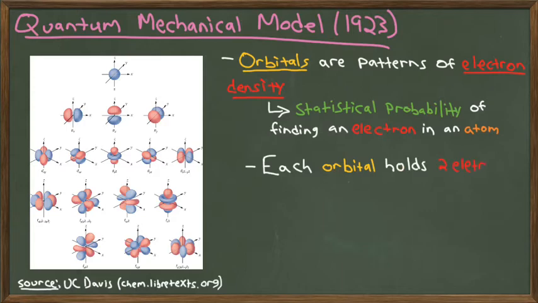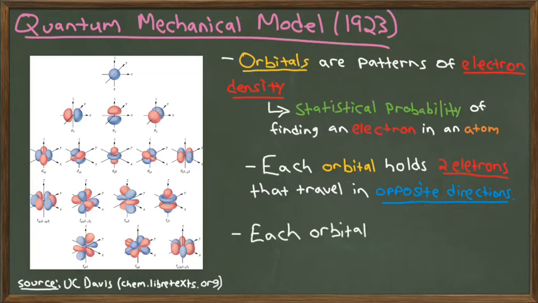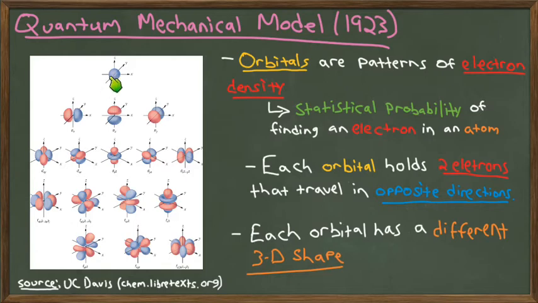Each orbital holds 2 electrons that travel in opposite directions. And each orbital has a different 3-dimensional shape. As we see here, these orbitals are not flat, but they're 3-dimensional. Notice that there's 3 axes, y, x, and a z axis along the back here.